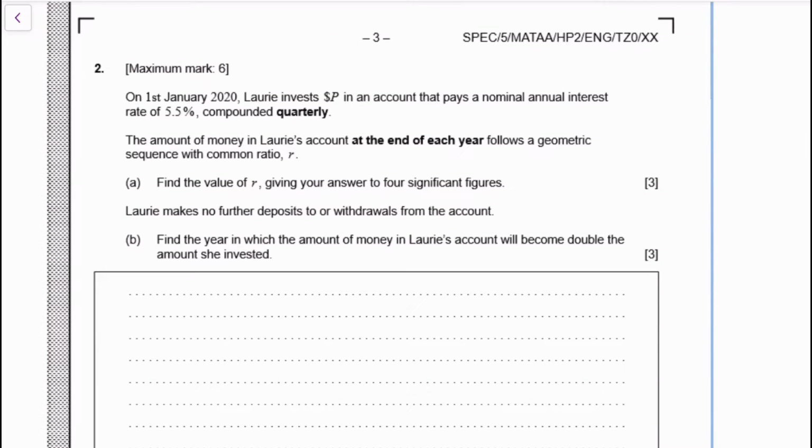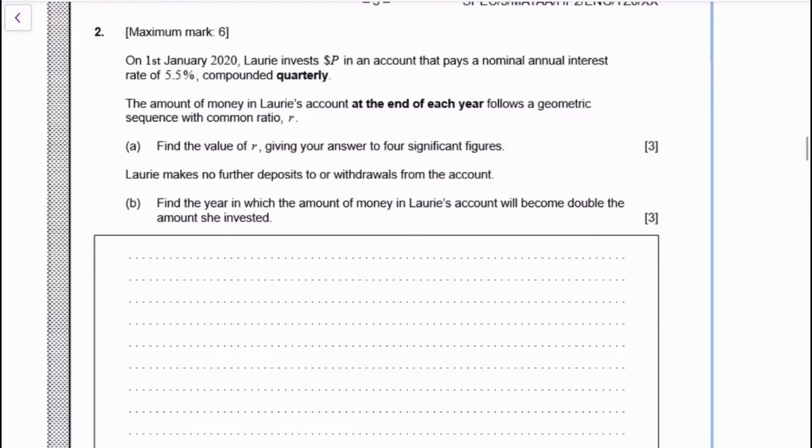But B, P interest compounded quarterly. It's a geometric sequence. The amount at the end of each year. Find out. So we know that to calculate compound interest, we call it future value.